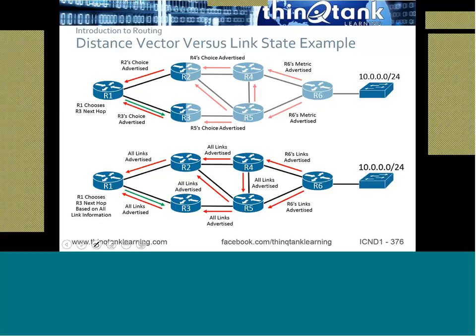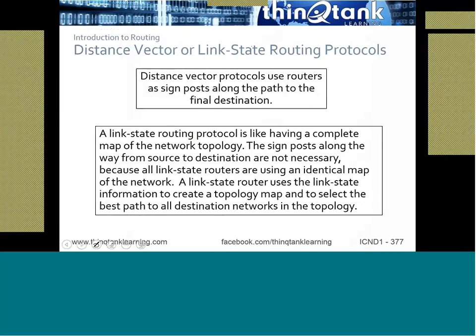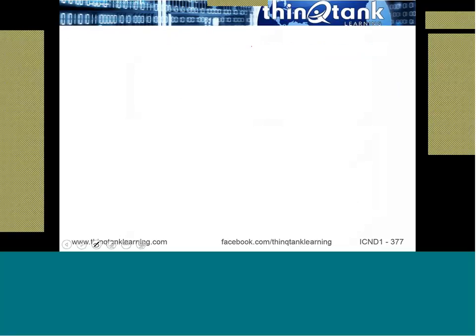Here's the analogy, and this is the final thing that we'll do before we take our break. A distance vector routing protocol is kind of like following road signs along the road, right? You're driving down the highway. You see a road sign that says Los Angeles, 159 miles.